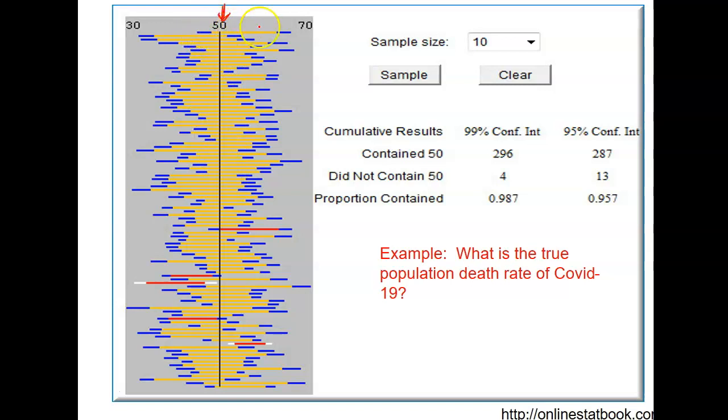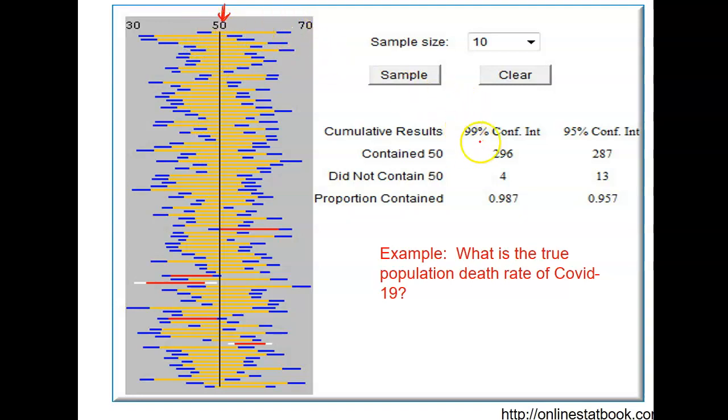Each one of these little line segments represents a different confidence interval. If we're talking about a 99% confidence interval, then what that's telling me is that 99% of the time, those confidence intervals are going to contain this value that we're trying to estimate. Those are the longer lines, the ones that go from the blue end to the blue end.